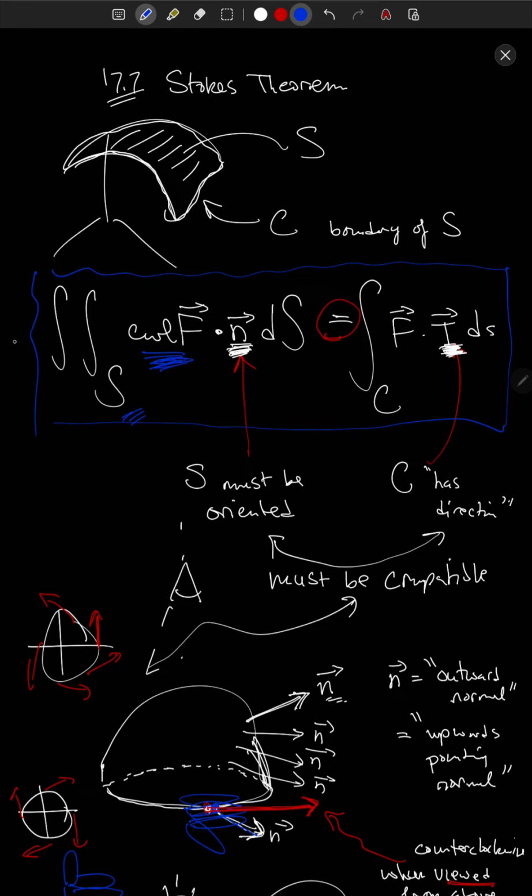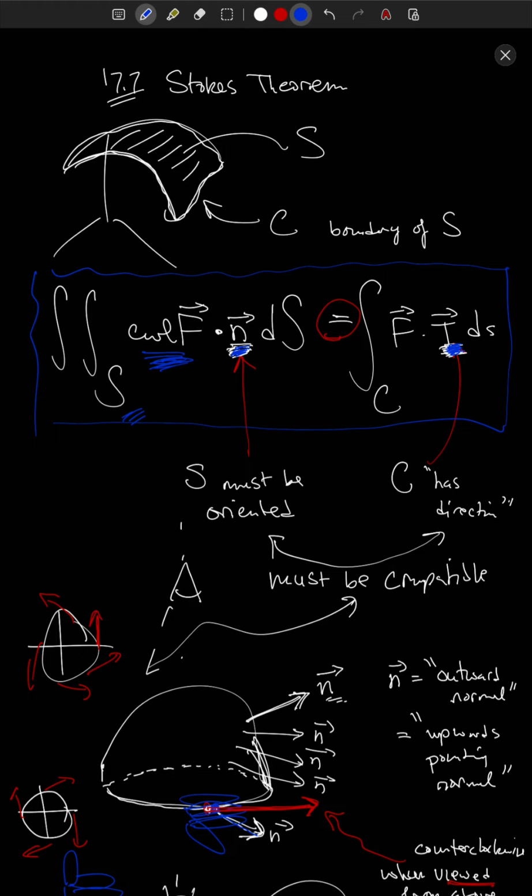The right-hand side is also completely understood. It's something we've been doing for many weeks now: calculating a work integral, or a flow integral, along a curve. So it's only this compatibility issue that is new in this expression.